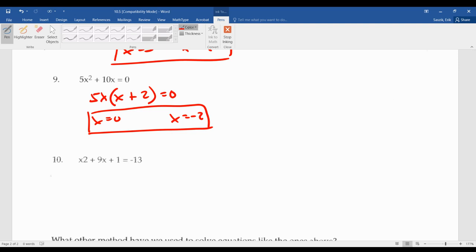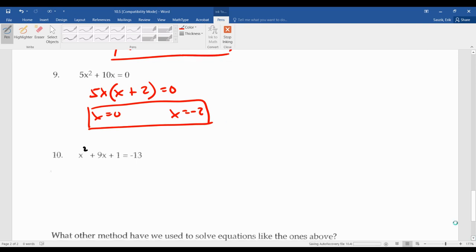This is a typo down here, kids. This is supposed to say x squared, clearly. But what else is different about this problem? I hope you recognize it. Notice that this one's not equal to 0. The reason it's called zero product property is that your equation has to be set equal to 0 to solve. So you've got that negative 13 over there.